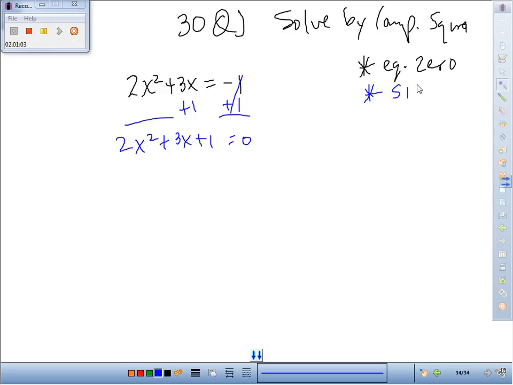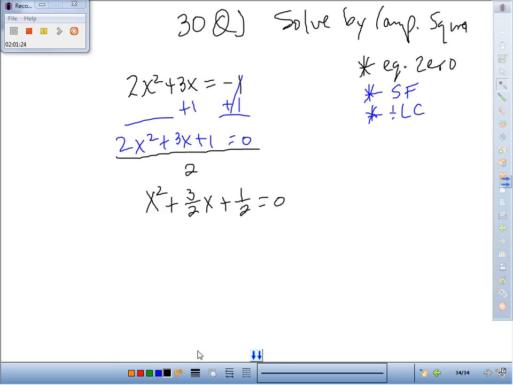So let's start. Is it in standard form? Step 2. Divide by the leading coefficient. What's the leading coefficient? 2. So divide everything by 2. So we're left with x squared plus 3 over 2x plus 1/2 equals 0.